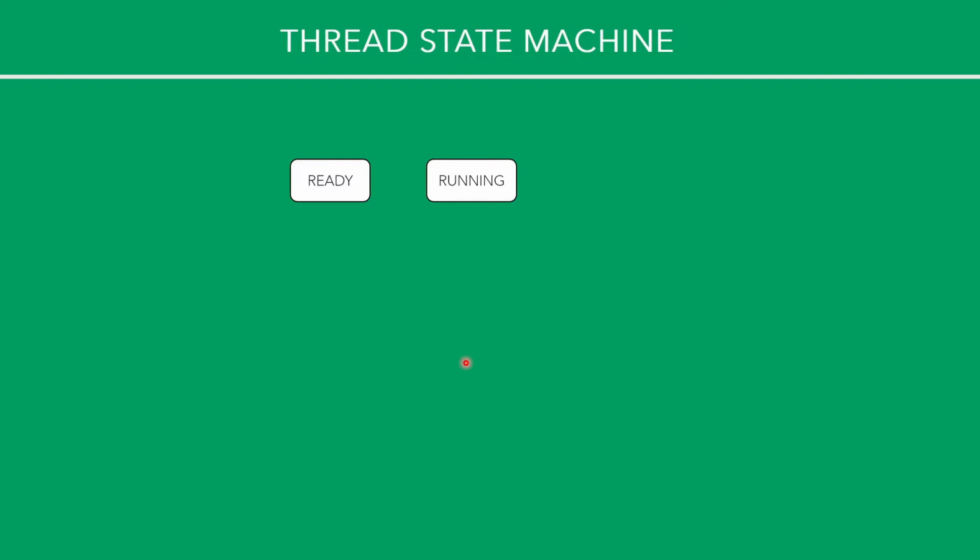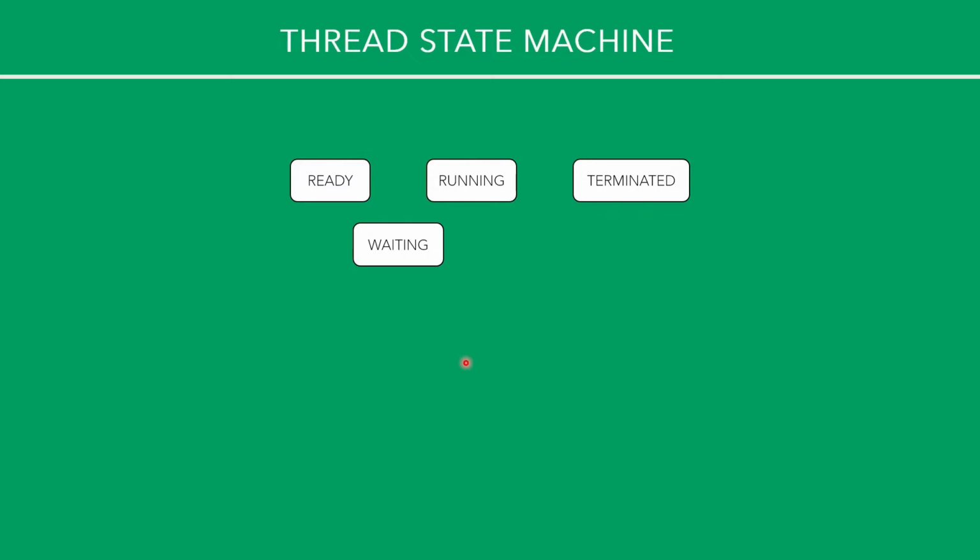Running: this thread is being executed on a CPU. Waiting: probably the thread is performing an IO, or it is waiting for some synchronization with another thread, maybe related to locks or a join. The final state is terminated: when the thread has completed its process, it goes to the terminated state.